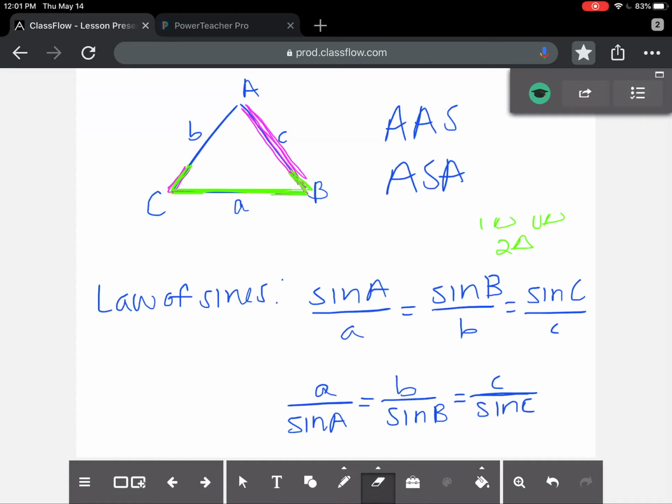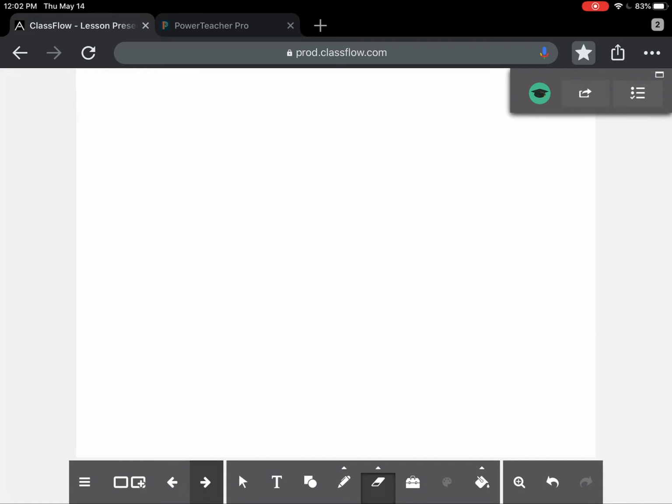The ambiguous case says that for SSA triangles, you can either have 1 triangle, 0 triangles, or 2 triangles if you're given a side and then an angle. But like I said, we're not going to do too much of that, and we're certainly not going to do ones that give you two triangles. That will be covered in pre-calc for sure.